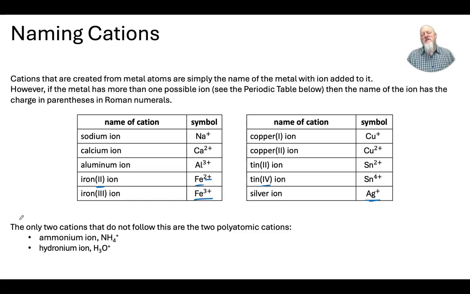So basically, anytime you see a metal from the transition metals, put the charge of the ion in parentheses when you name it. There's a few that we don't usually do that for, silver, zinc, but since this is an introductory course, if you have a transition metal, put its charge in parentheses.